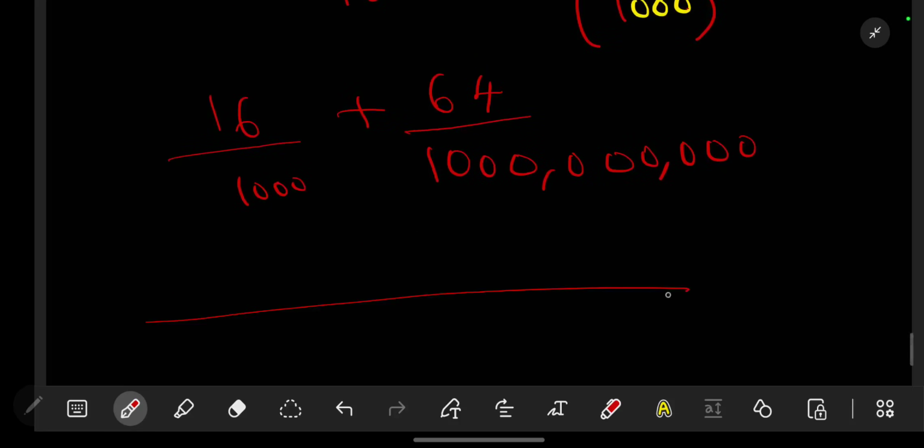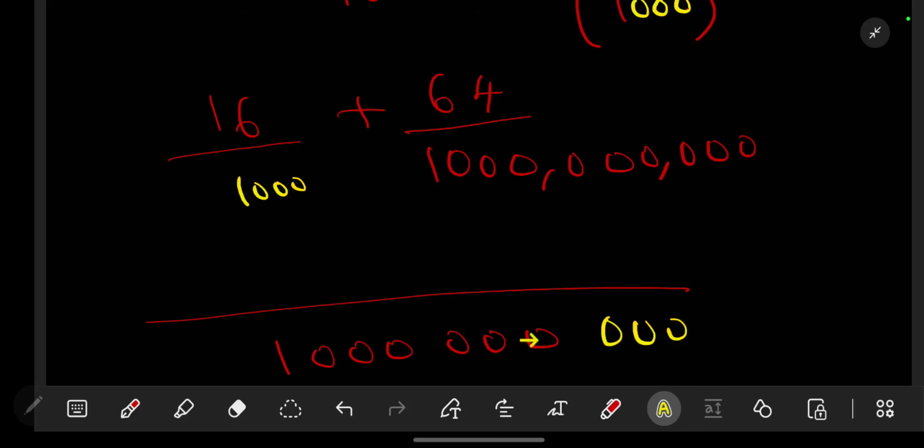So the common denominator here is 1 billion. So this 1 billion divided by this, the red number will be the remaining. So this times 16 will be 16 million. So 1 2 3 4 5 6.